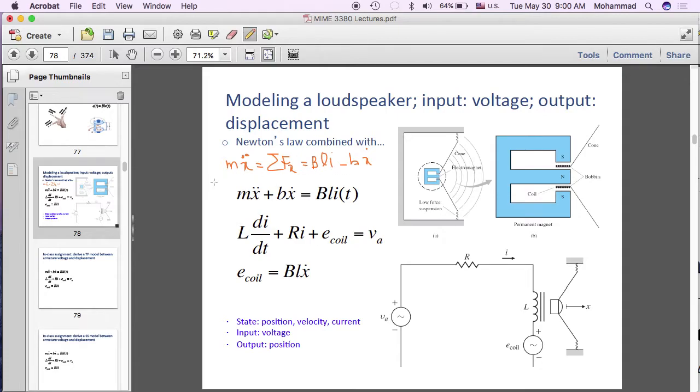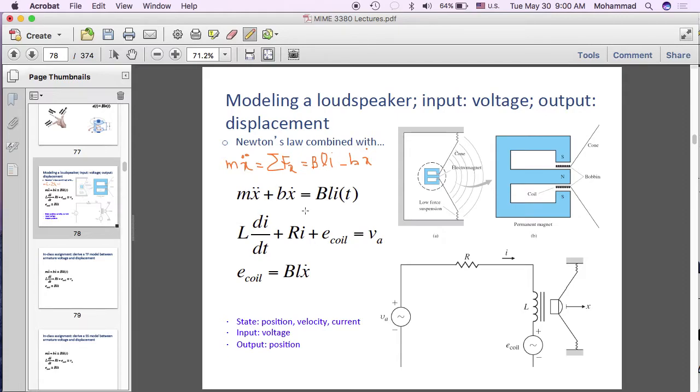If you rewrite this equation, you have m x double dot plus b x dot, which goes to the other side, equal to BLi. This basically tells you what the level of vibration is. x determines the displacement of that diaphragm. That was the second order differential equation we get from Newton's second law.